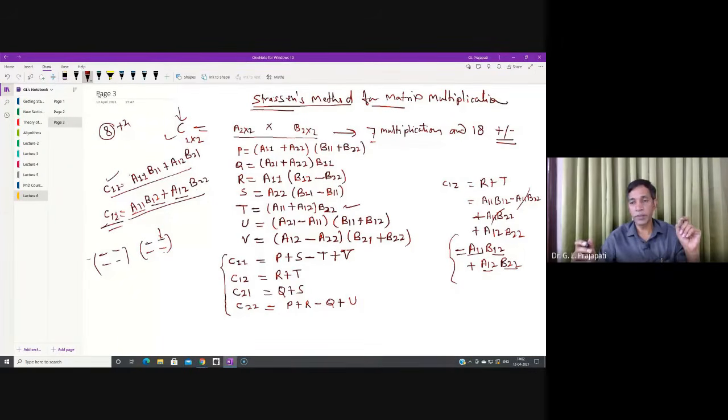And how many additions and subtractions? 18. So how do 7 multiplications come about? You can see exactly 1 multiplication is used for each of P, Q, R, S, T, U, V. And how many additions and subtractions? 1, 2, 3, 4, 5, 6, 7, 8, 9, 10, and then 11, 12, 13, 14, 15, 16, 17, and 18.